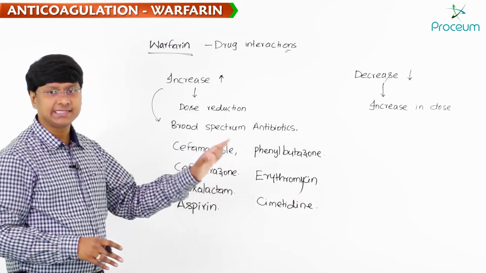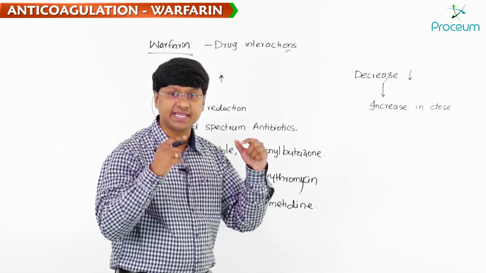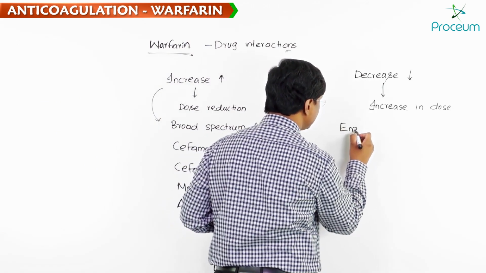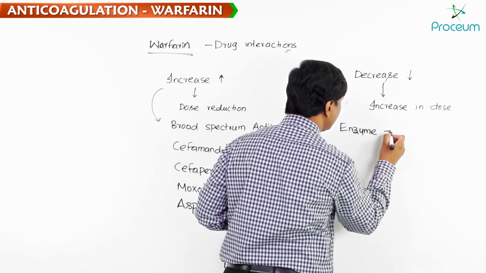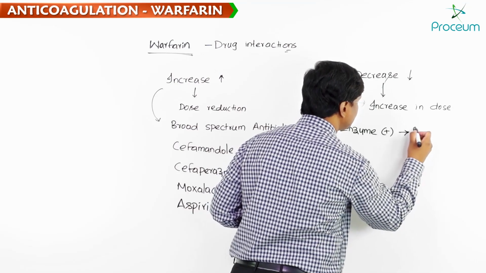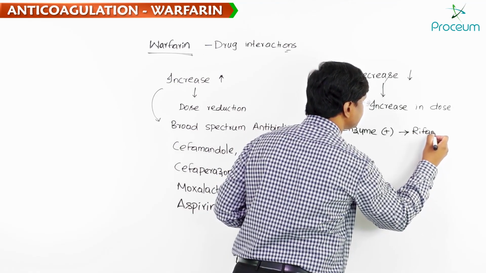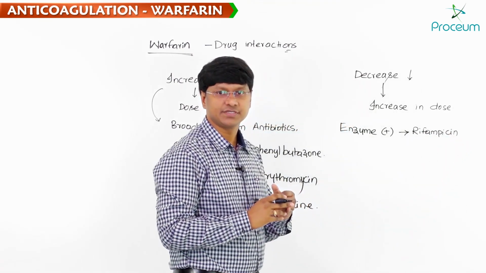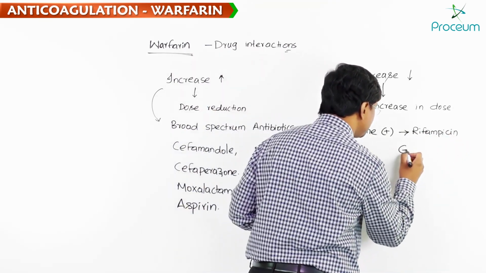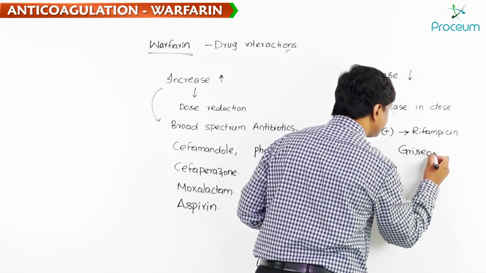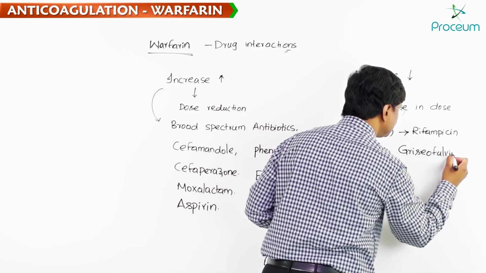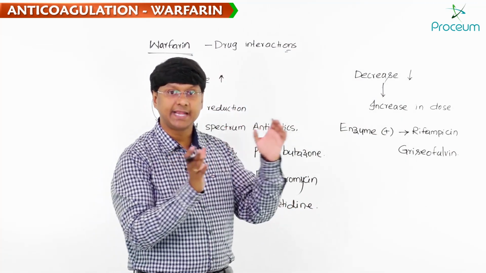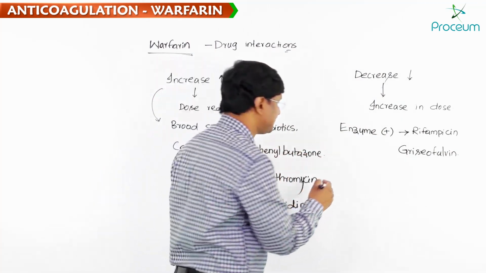On the other hand, you take enzyme inducers. What are enzyme inducers? They include drugs like rifampicin, as well as griseofulvin, and the oral contraceptives.